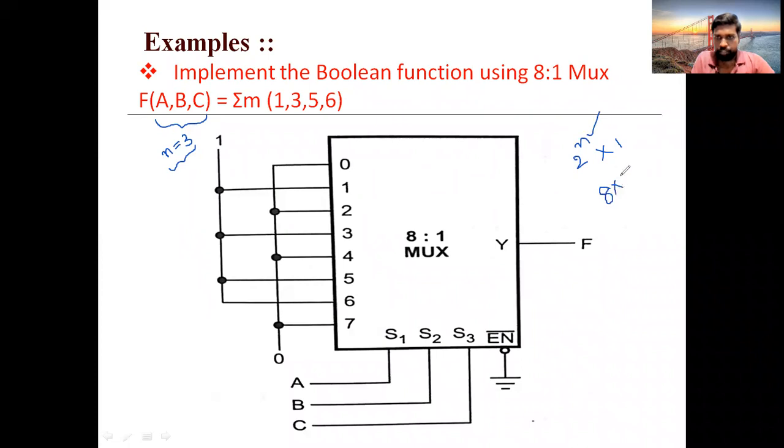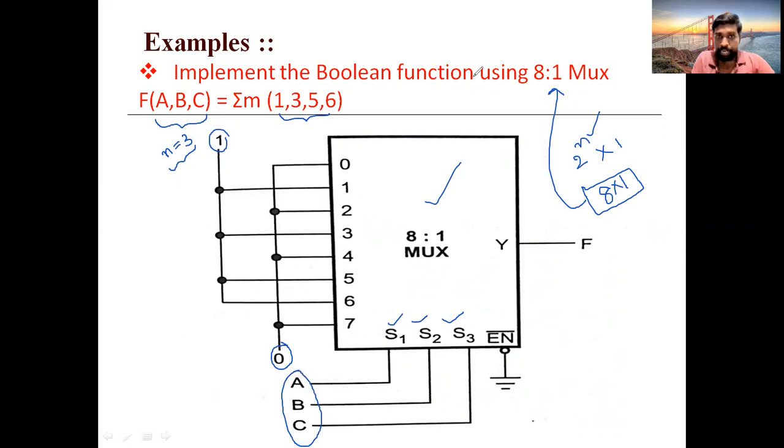Now I verify my question whether they asked the same. Yes, same. So directly draw one 8 into 1 multiplexer. Connect the given pins with 1 because the question is SOP, and the remaining cells you can take with 0 or leave empty. Take 3 selector lines S1, S2, S3, and assign the names A, B, C. That's it. Very, very easy.